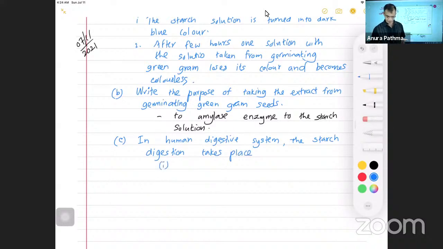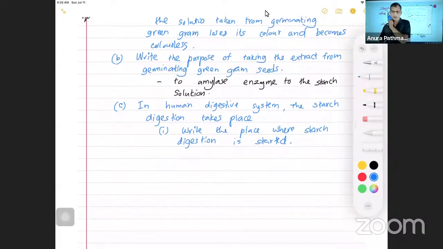Roman number 1. Write the place where the starch digestion is started. Write the place where starch digestion is started.